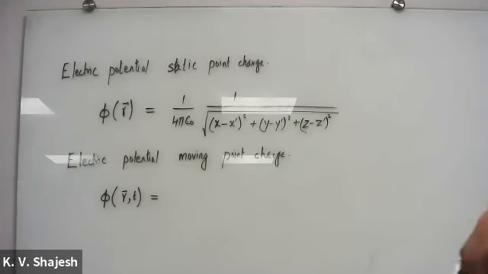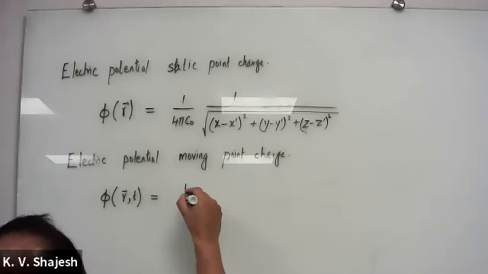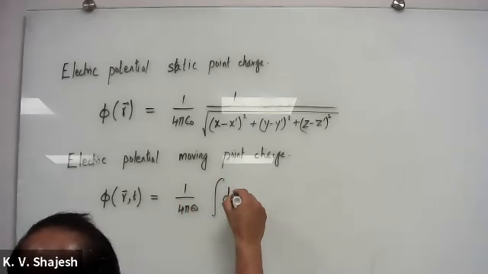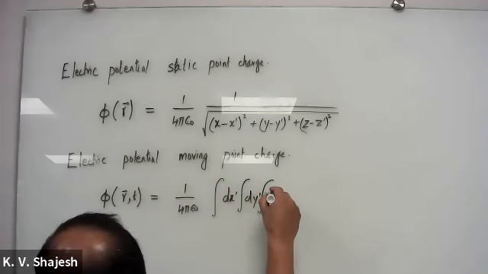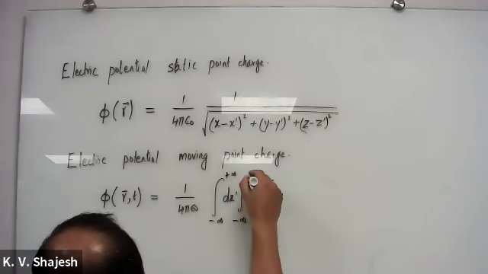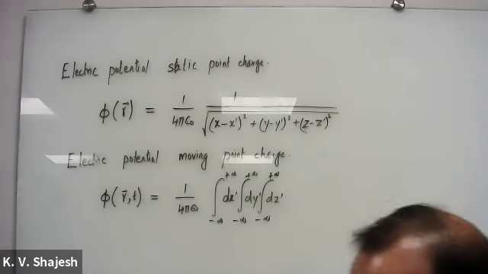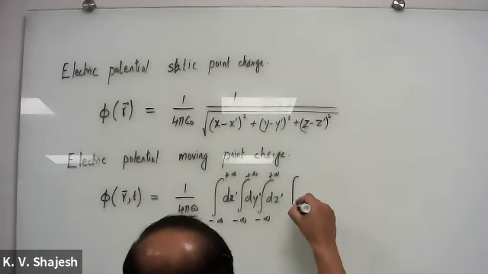We just barely showed what it is, so let's derive that in a minute. So this will be equal to 1 over 4 pi epsilon naught in the front, and there will be three space integrals, x prime, y prime, and z prime, which was there in the static case also. And now this time there is a time integral also.